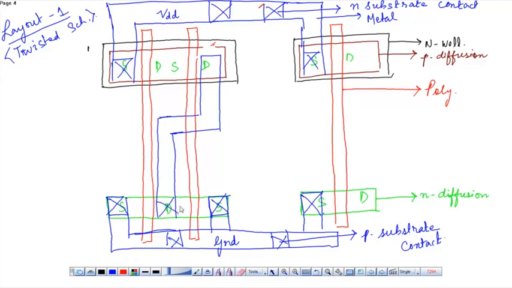Here also there's a contact. And the drain of the PMOS is connected to the drain of the NMOS.